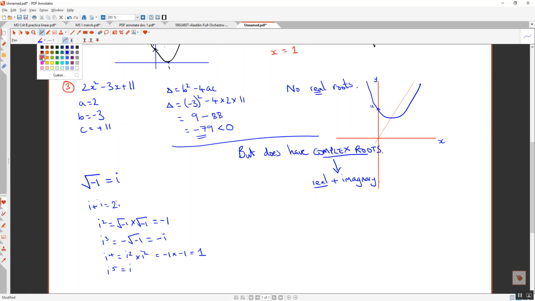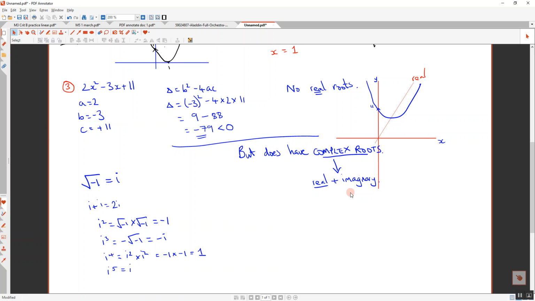Can you graph imaginary numbers? You can graph them, yeah, but it's difficult to do it on a 2D graph. But they're quite straightforward to use.